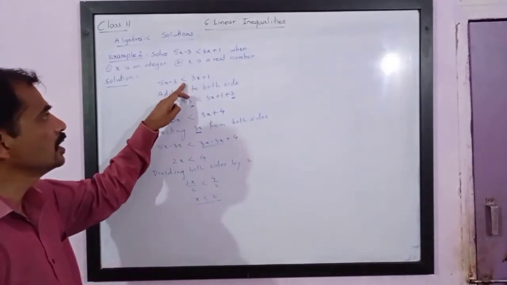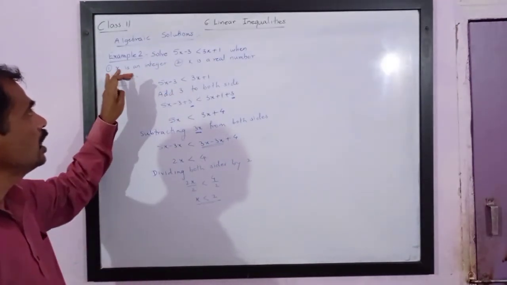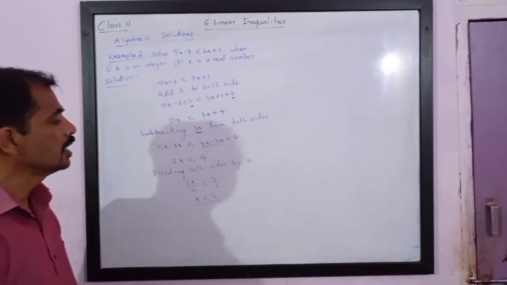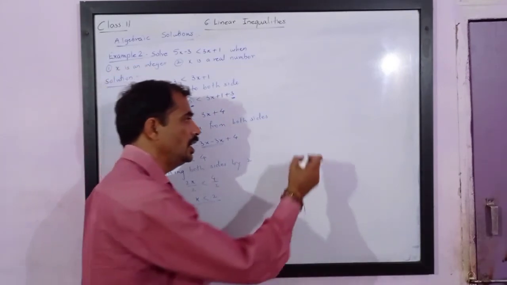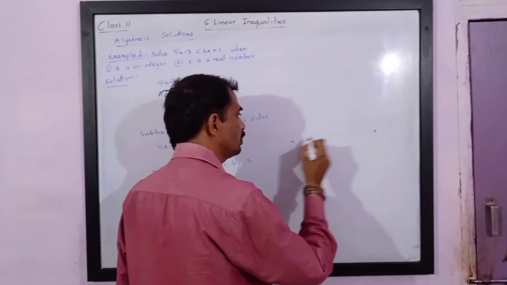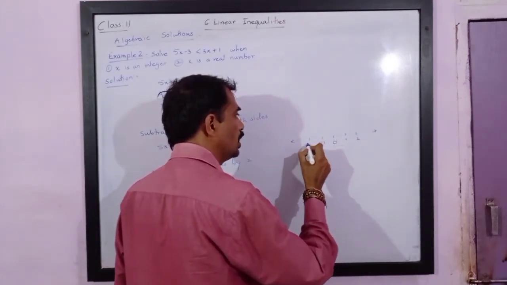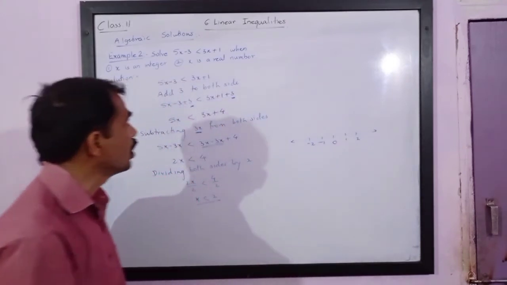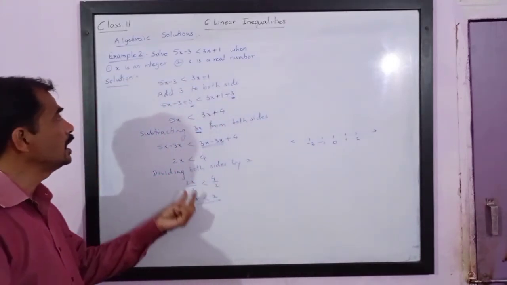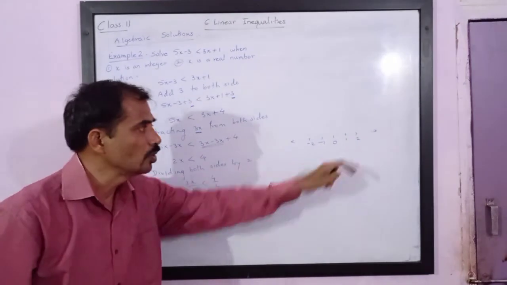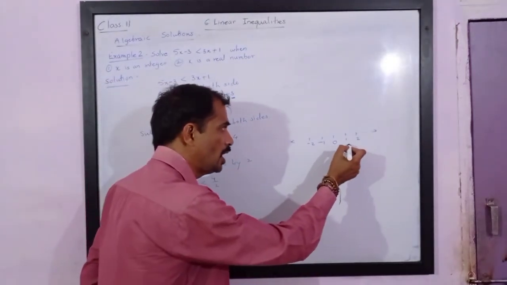This is a strict inequality. Now see, we are given x is an integer. We have already studied integers on the number line: 0, 1, 2, -1, -2. This side it goes up. Now we are told that it is an integer but it is less than 2, so it will have all the values less than 2.